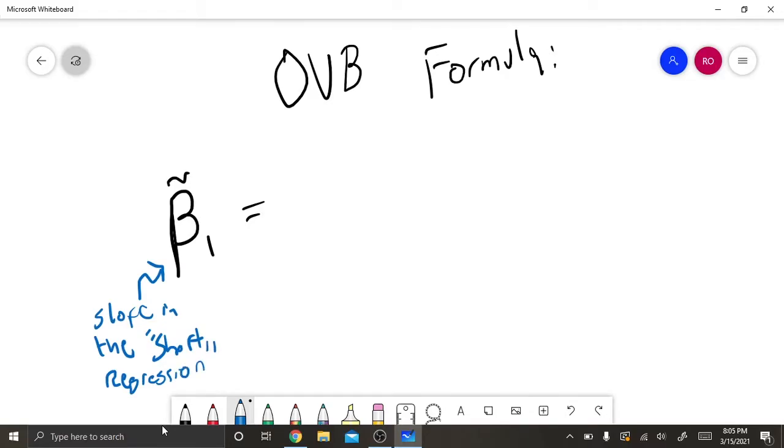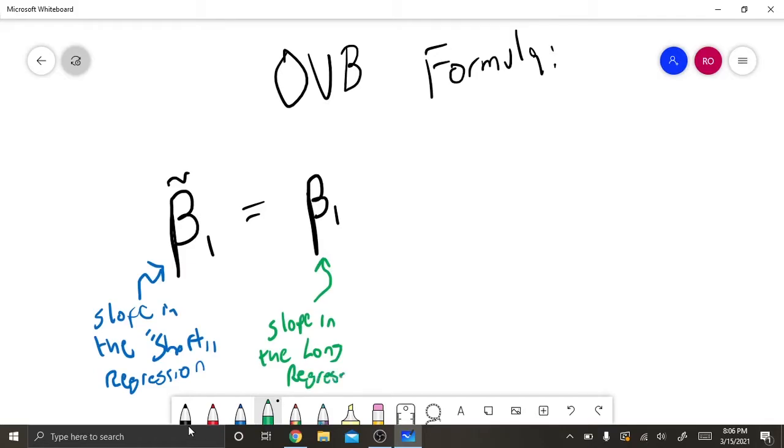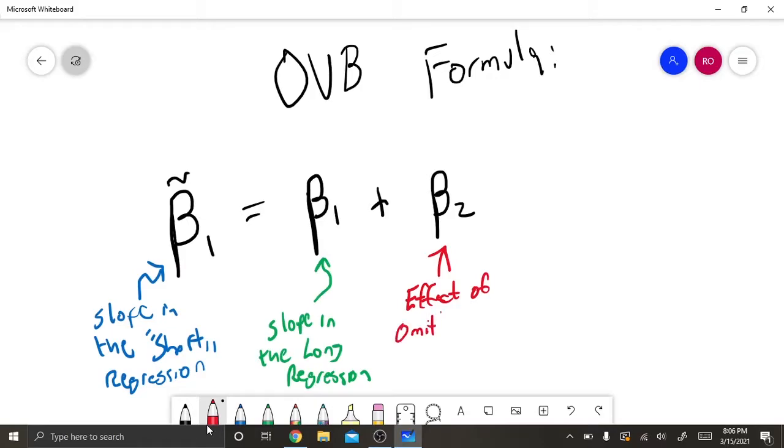Basically when we fail to control for the omitted variable, it is going to be equal to this, the slope in the long regression, plus this, the effect of omitted on dependent.